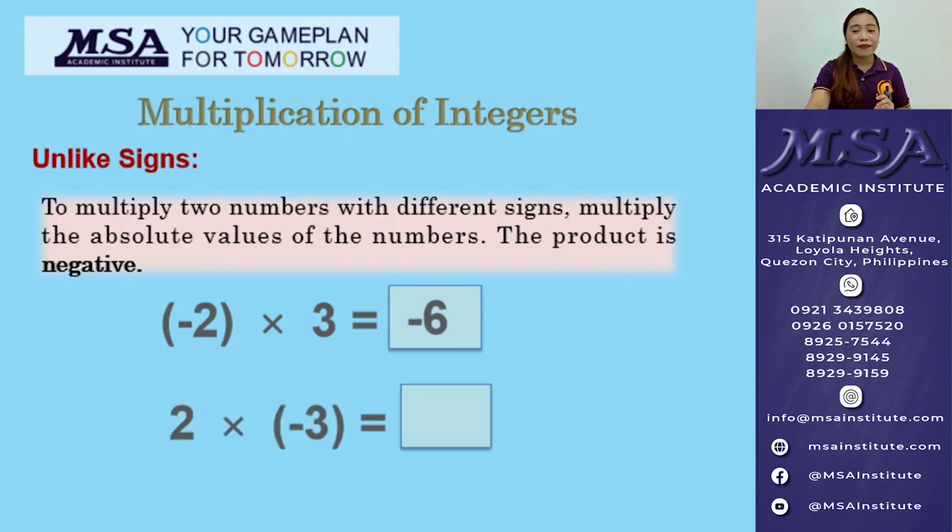And we have 2 times negative 3, that is also negative 6. Alright, so as you can see, our factors have different signs. That's why our product is negative. Alright, so again, if you multiply two numbers having the same sign, the product is always positive. But if you multiply two numbers having different signs, the product is always negative.